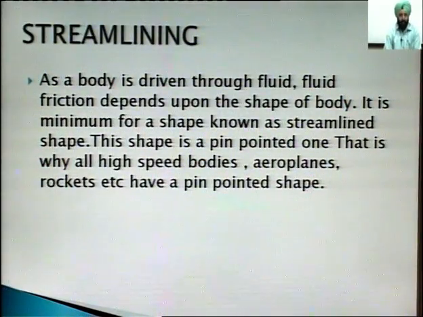But if we have a streamlined shape, meaning a pinpointed shape, then this fluid friction will be minimum and very low. That is why high speed bodies like aeroplanes, rockets, jet planes or missiles have a pinpointed shape.